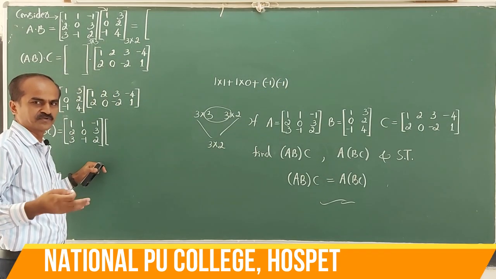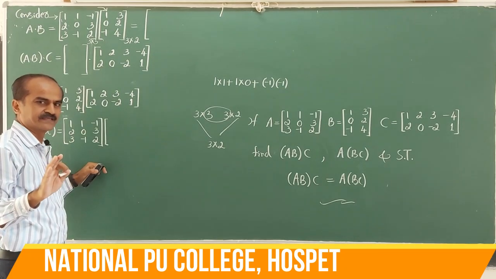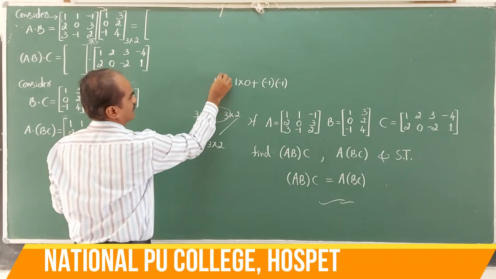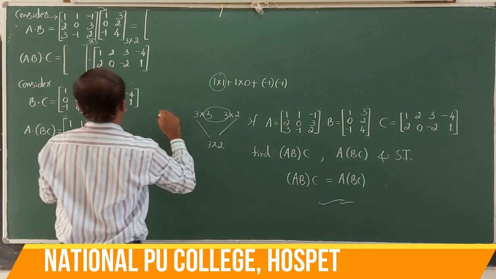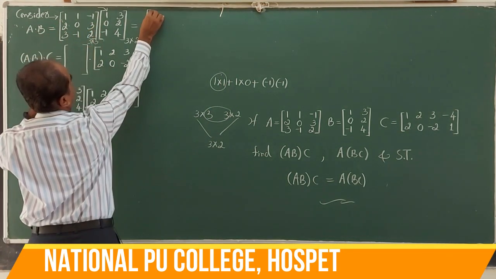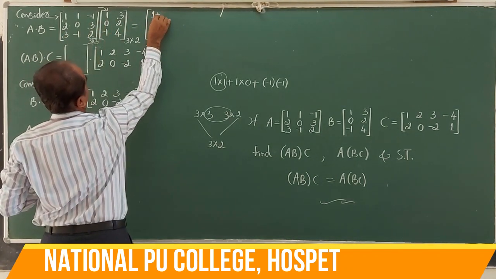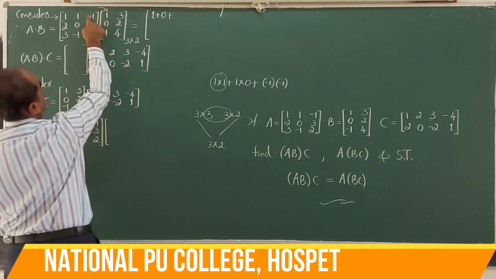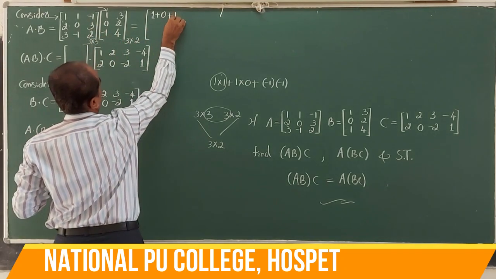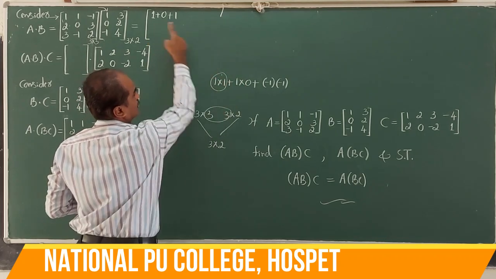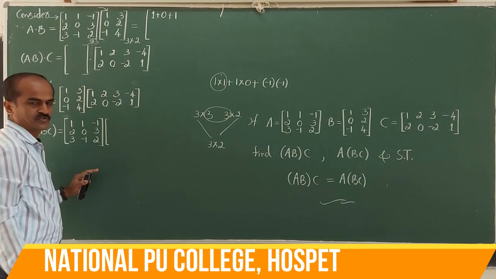After knowing the procedure well, we can avoid these basic steps. Instead of writing this whole step, I will write directly the product of numbers: 1 into 1, 1, plus 1 into 0, 0, plus minus 1 into minus 1, 1, so that you can save some time.